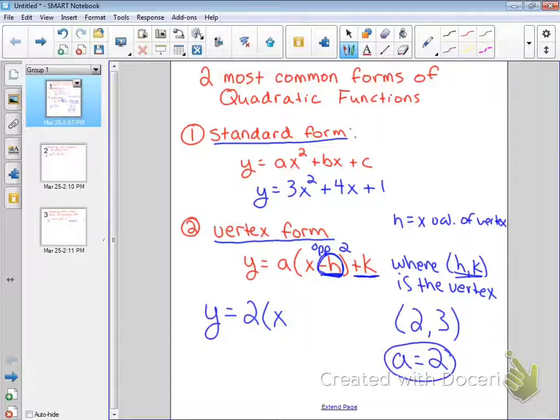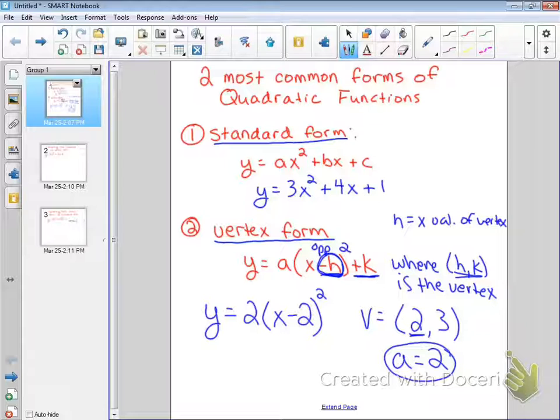And I'm looking at my vertex, and I know that it is 2. The x value of the vertex is 2. So I need to put in the opposite of the x value of the vertex, so I'm going to put in negative 2 squared.